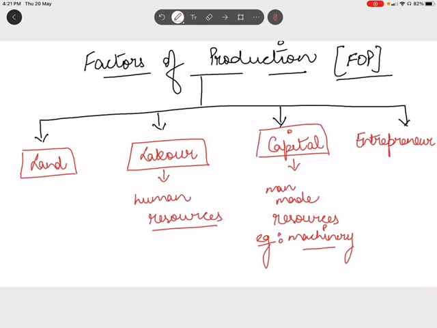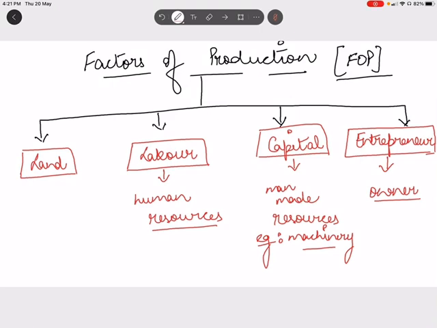Next one is entrepreneur. Entrepreneur is no one but the owner of the production process. He or she is the one who is responsible for carrying out the entire production process, for managing the production process of different goods and services. Right? So these are the four main factors of production: land, labor, capital, and entrepreneur.